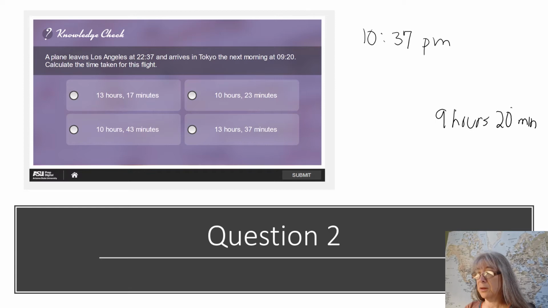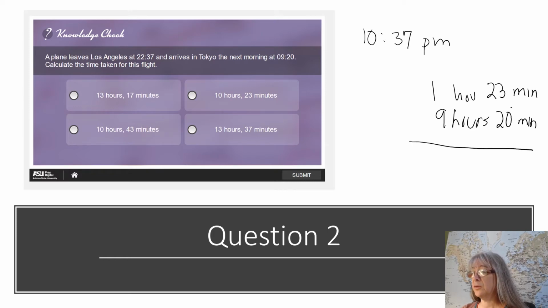And to get from 10:37 to midnight, that gets me 43 minutes. Nope, it gets me 23 minutes to get to 11 o'clock, and then 1 hour to get to 12.